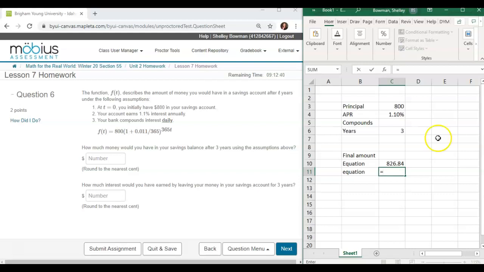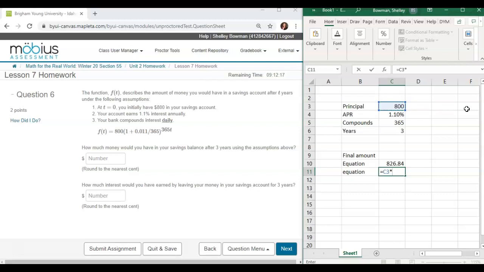The other way of doing it, as you've seen here, oh, I didn't put in compounds as 365 because it is compounded daily. So right here, we're going to do equals, and I know that I need to reference the 800, so I'm just going to cell reference the 800 so that I don't have to go back and look and make sure that I have any typos.